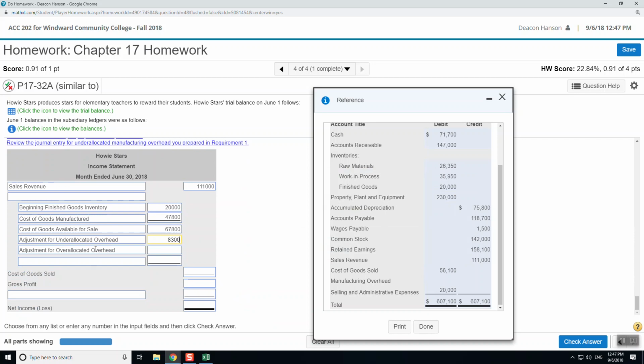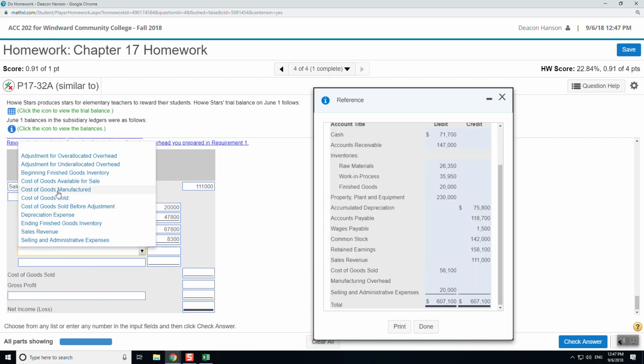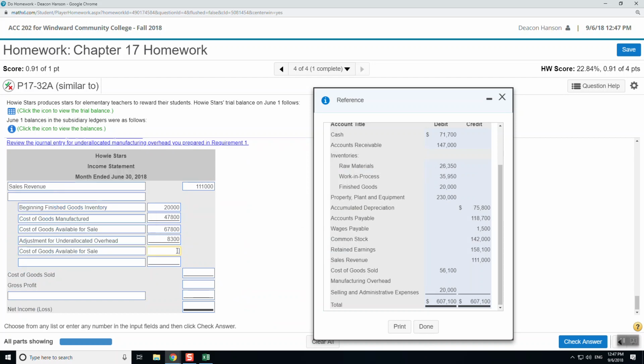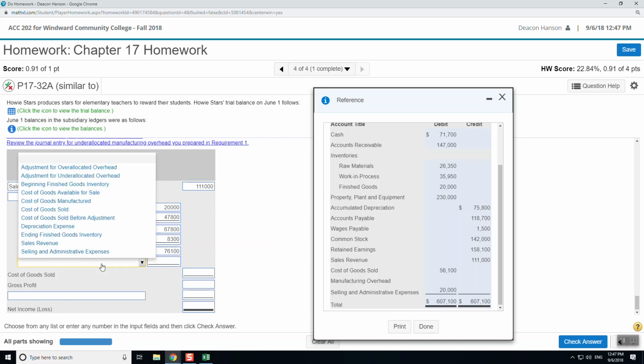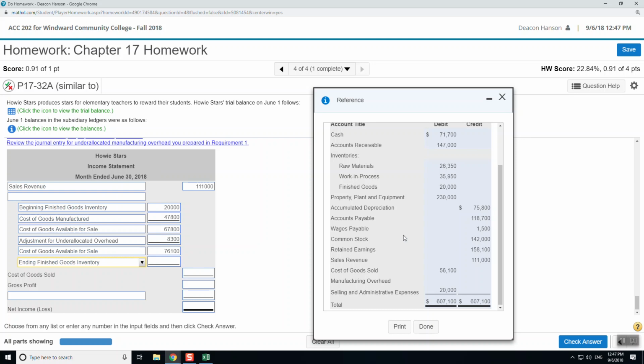And then we'll call this cost of goods available for sale. Add those two, right? So what do we got? 76,1. Does that look right? And then we'll subtract the ending finished goods, which is here, 20,000.